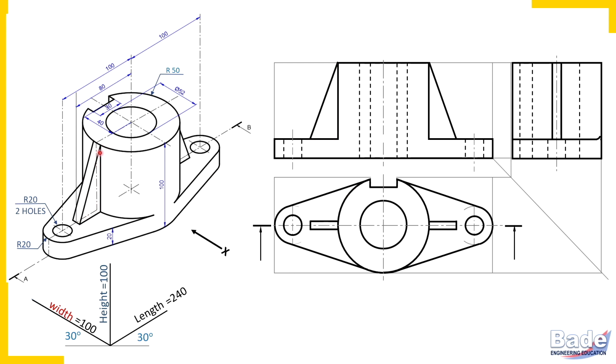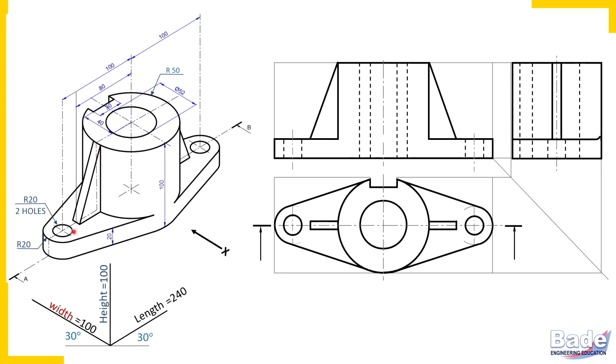This is a thin triangular plate. Such plates connecting major parts of an object or major portions of a machine part are called ribs. So this triangular plate is a rib.